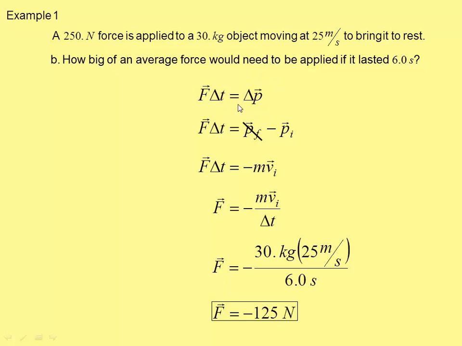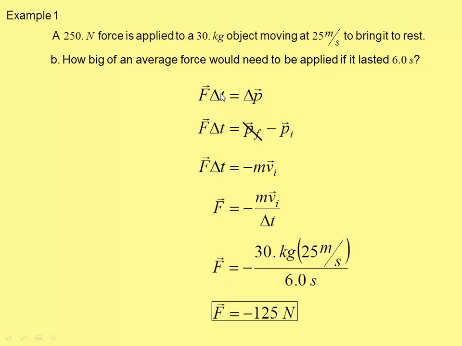Why? Because think of the change in the momentum. In both cases, you're taking the same mass object and slowing it from 25 meters per second to rest. In other words, you have the exact same change in momentum. But what are you doing? In the second case, you're slowing it down for a longer time.